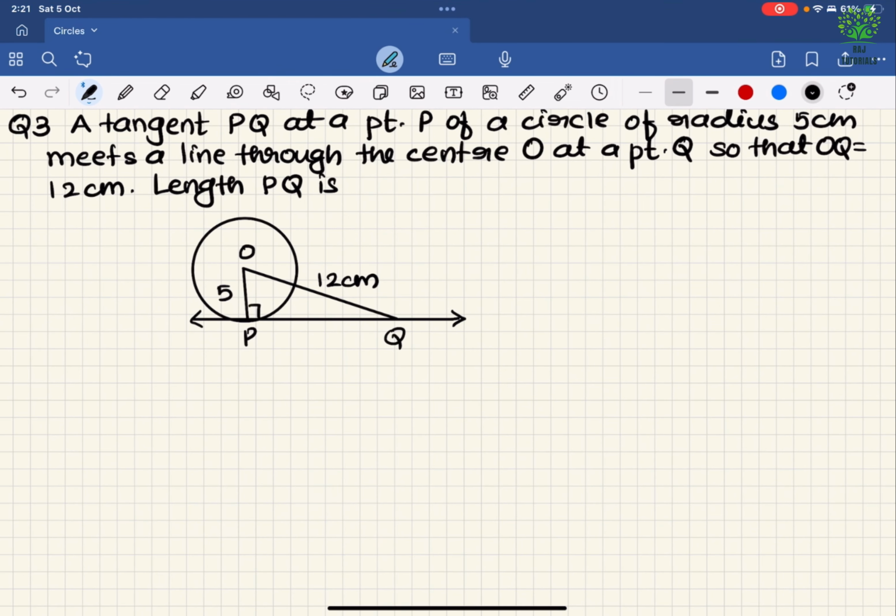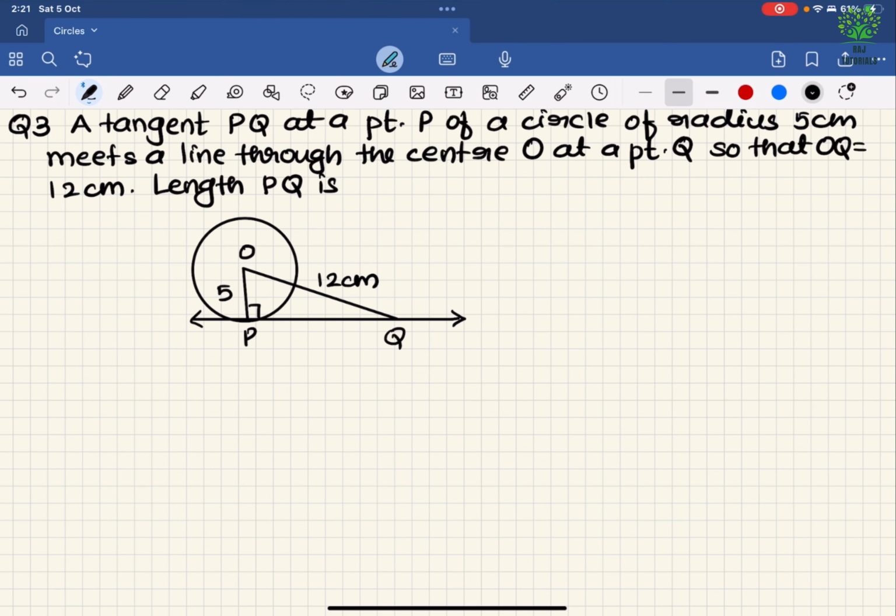Now the third question says the tangent PQ at a point P of a circle of radius 5 centimeter meets a line through the center O at a point Q so that OQ equals 12. The length PQ is? See here I have drawn the diagram and shown the whole situation.